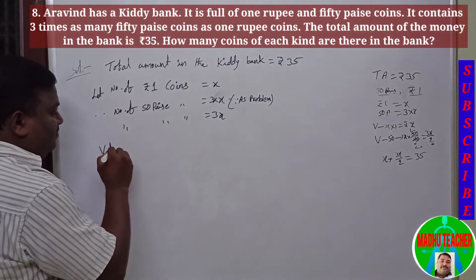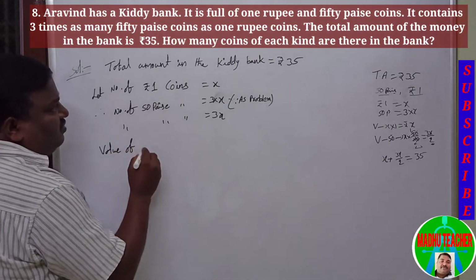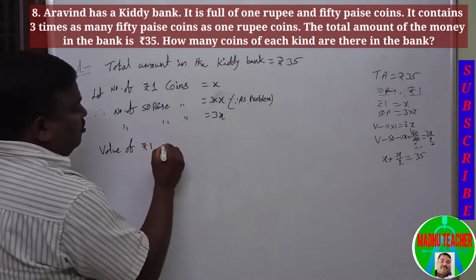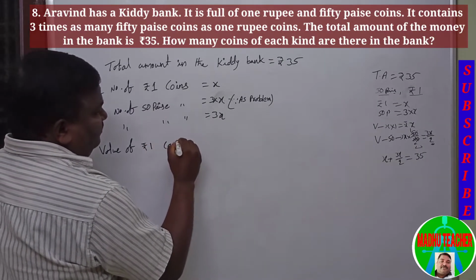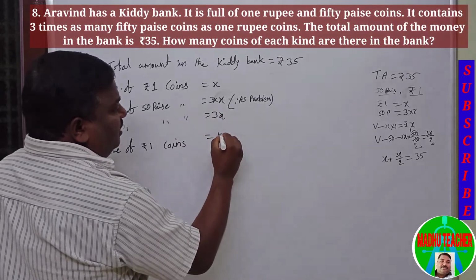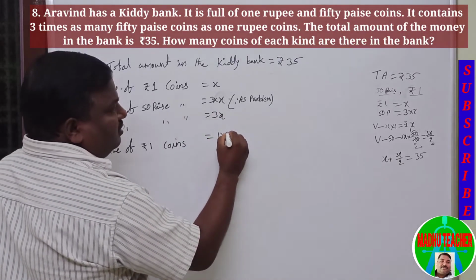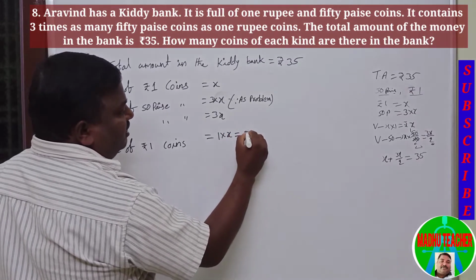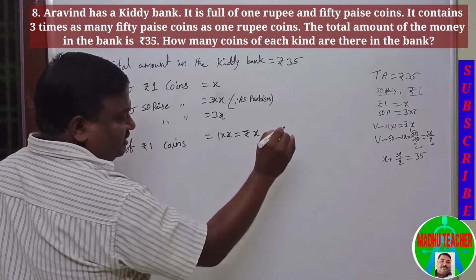Value of 1 rupee coins equals how much? 1 rupee into total x coins. So that equals 1 into x rupees, x.